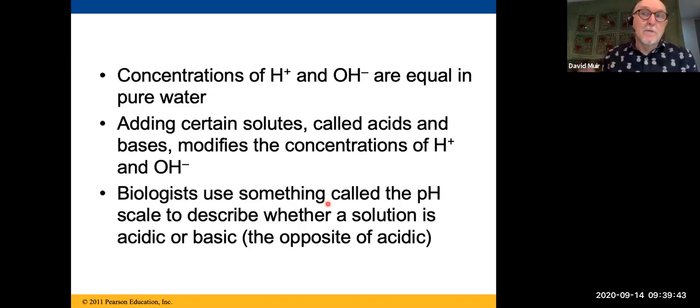When we talk about solutions like this, we rate them on a scale. It's called the pH scale. What you're actually doing in the pH scale is measuring the relative proportion of hydrogen ions. Neutral pH is 7. There are as many hydrogen as hydroxyl in the solution.